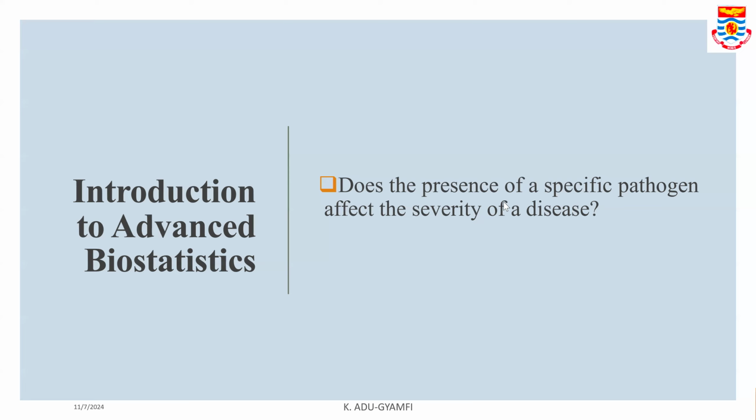For the level of measurement of the severity of disease, we agreed on the ordinal level because they can be ranked: mild, moderate, or severe. And the presence of the pathogen, we agreed on numerical, for example the malaria parasite, where we can measure the number of parasites and how it causes severity in malaria.